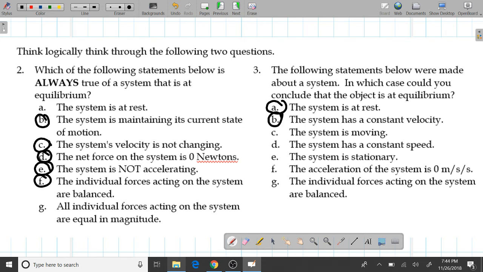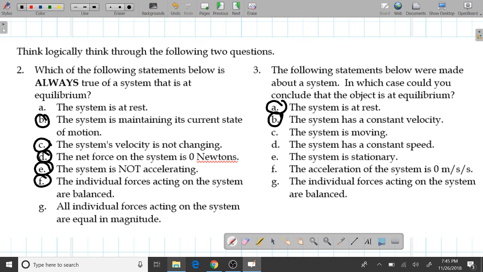The system is moving at a constant velocity. If it's moving at a constant velocity, you can also conclude that that system is in equilibrium. Now look at C, the object is moving. Just because an object is moving, can we conclude that that system is in equilibrium? No, we can't, because the object could be moving and accelerating.